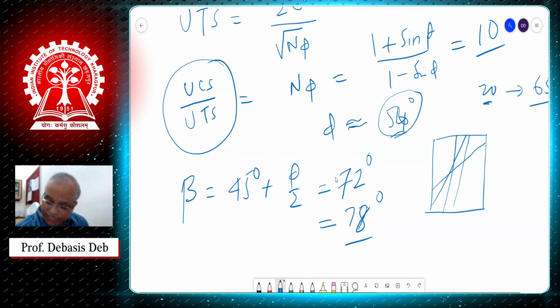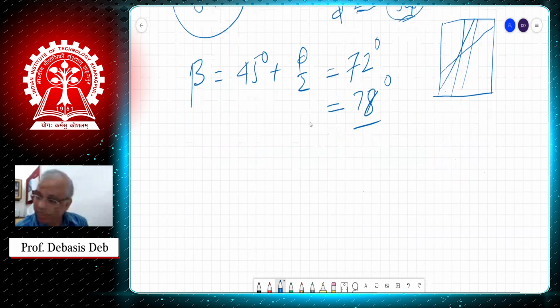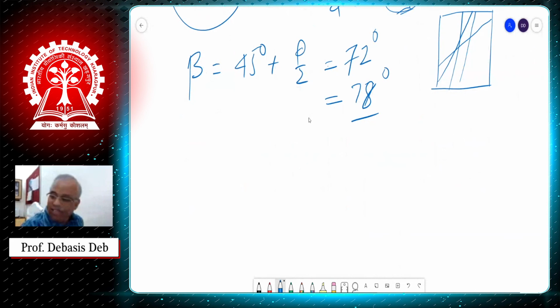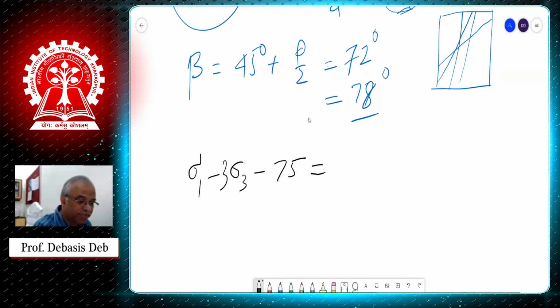Let's say a series of triaxial tests of sandstone rock reveals the following relationship: sigma 1 minus 3 sigma 3 minus 75 is 0. Now, all values are in megapascal. Now, you are supposed to tell me what is the cohesion and angle of internal friction.